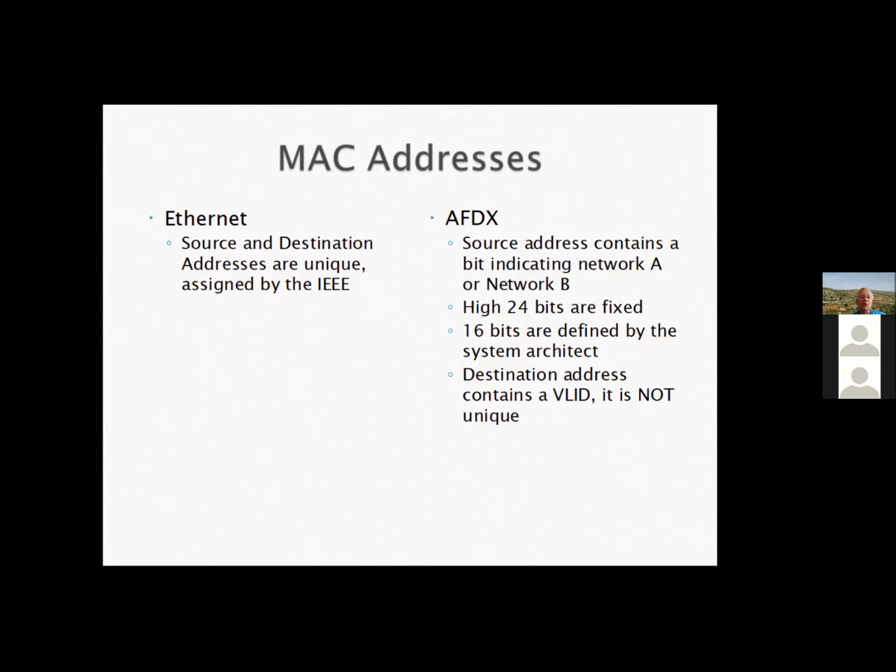So therefore, first of all, we don't use all the bits. The high 24 bits are just fixed. Now, AFDX is dual redundant, which is something that we'll get to and talk about more. But I want one of the bits in this header saying which bus I am on. I'm going to have 2 separate wires for every single message that I send, so that if there's a problem with one, I don't lose it.